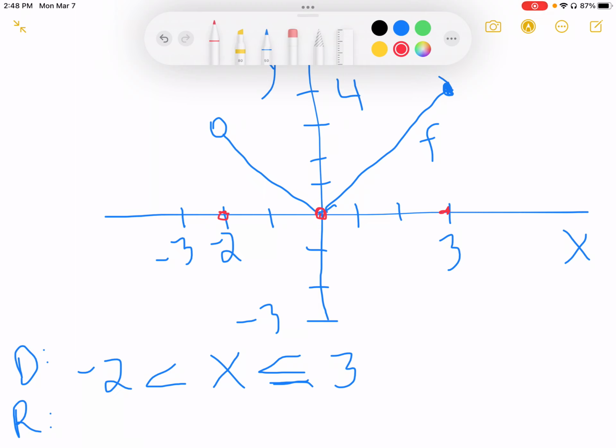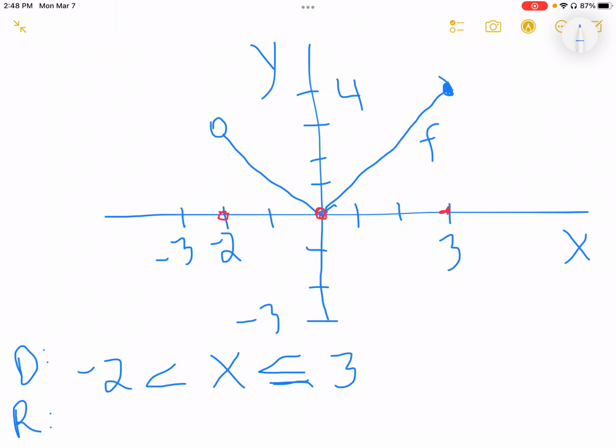Now let's go back and talk about range. Same thing: we list the lowest number and the highest number. Our lowest number here is 0, and our highest number, hopefully you can see, is 4. This time we put the y in the middle, because we're talking about range.